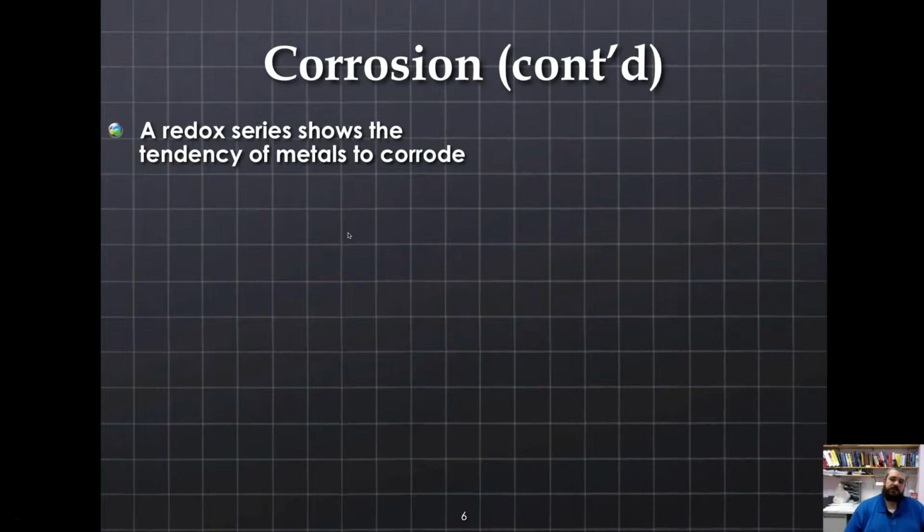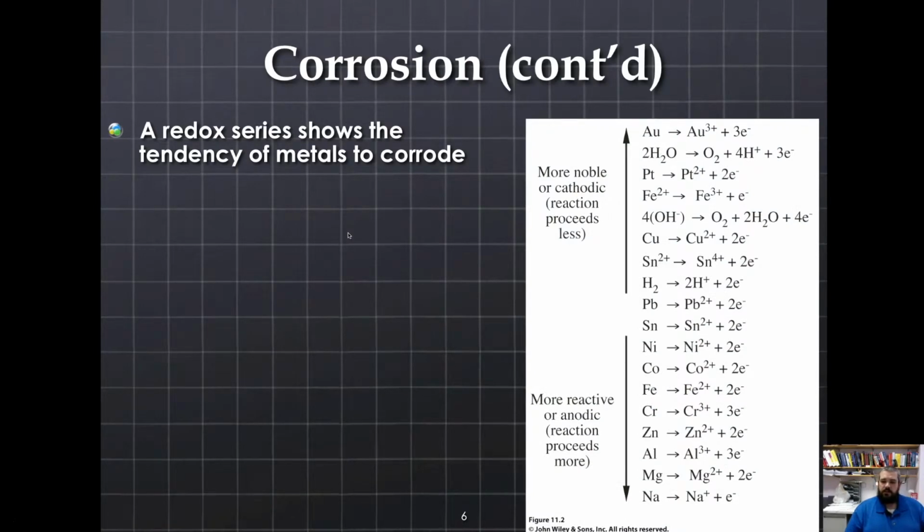We can use something called a redox series that describes the tendency of metals to corrode. It looks like this. So here are several metals and the corresponding oxidation reactions where they're releasing electrons. The ones at the top are what we call noble metals. They're less reactive. So the ones at the top are less reactive.